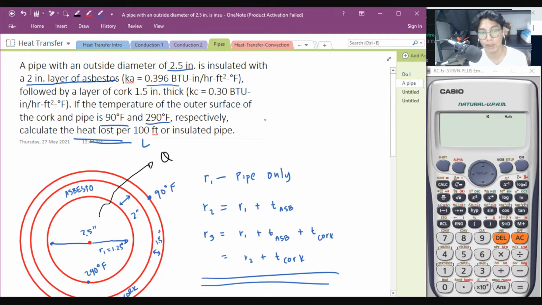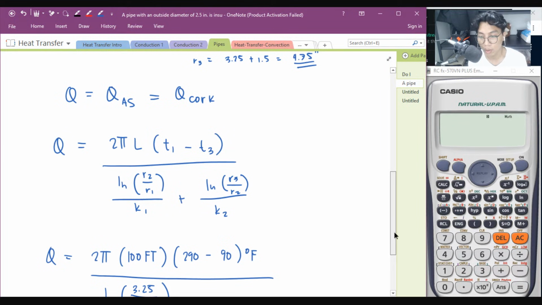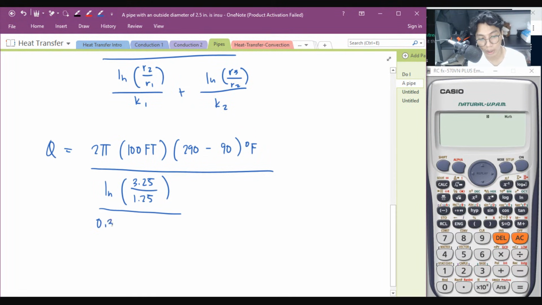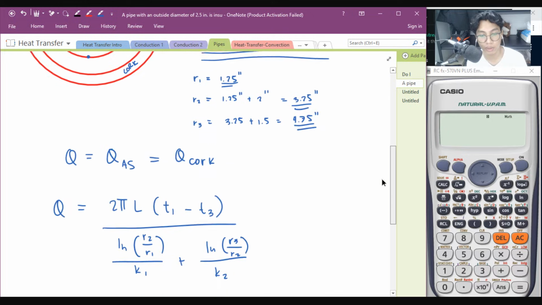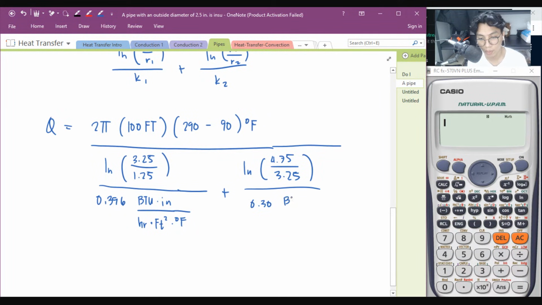K1 ng asbestos is 0.396 BTU inch per hour feet squared degree Fahrenheit, plus ln nung R3, 4.75 divided by 3.25, divided by 0.30 BTU inch per hour feet squared degree Fahrenheit. Sir, ang hirap ng unit.